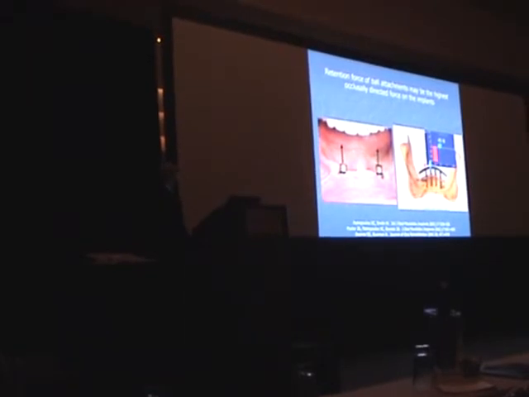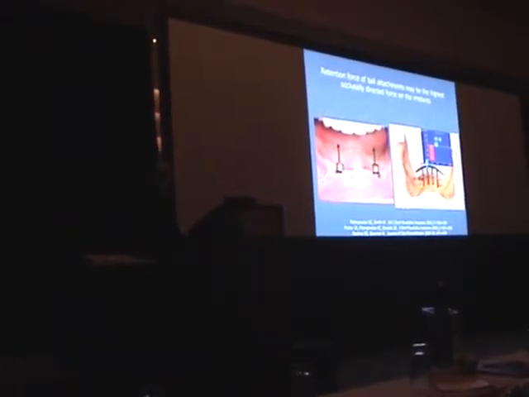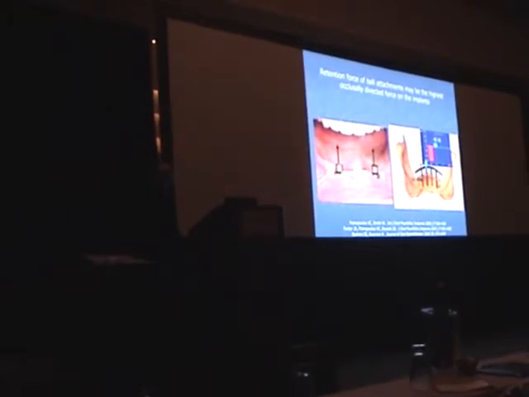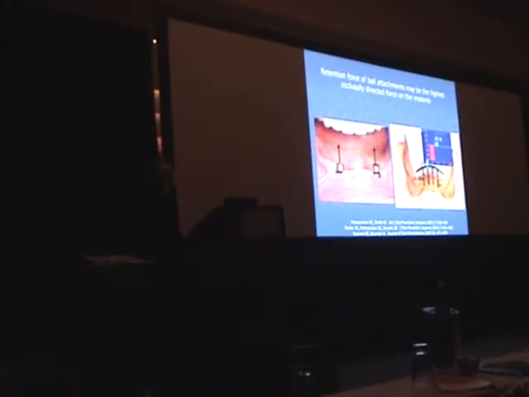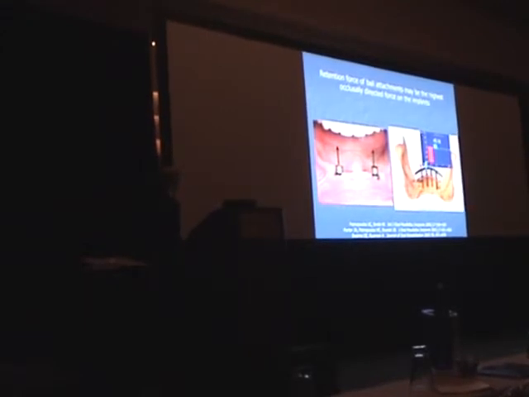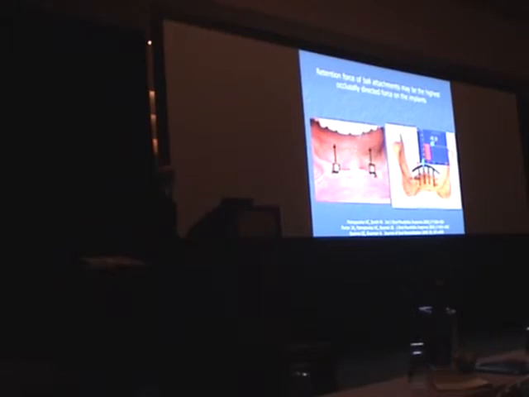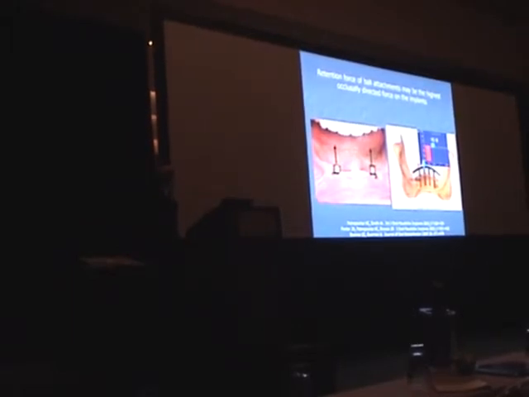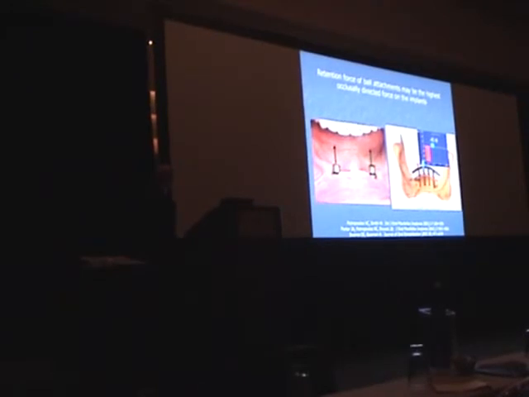When we look at the retention forces of ball attachments, which may be the highest occlusally directed forces on the implants, in the literature there are between 11 to 37 Newton. And when we compare it with the bar attachment with the second implant, the blue arrow, the occlusally directed force is about 45 Newton, which is much less than the forces exerted on the ball attachments.